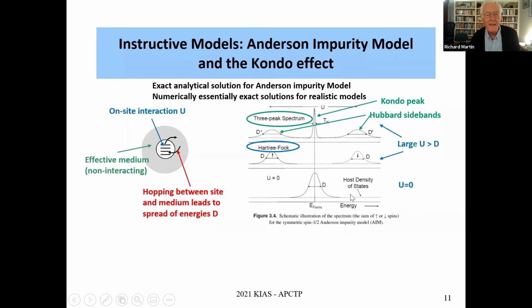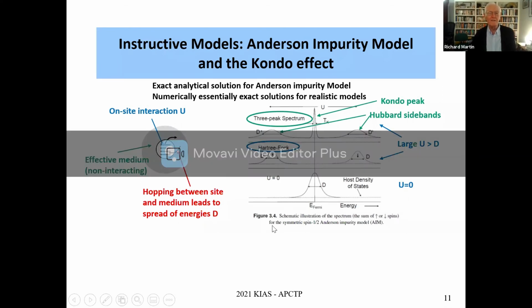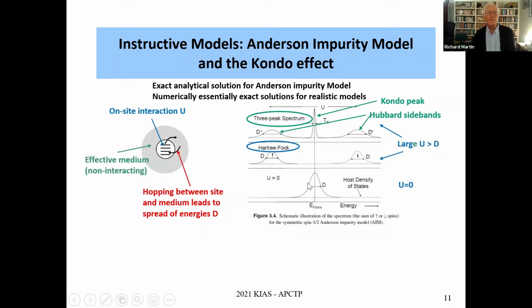There's another way of saying it that's basically one of these continuity arguments that I'll use a little later. The Friedel sum rule says that the scattering probabilities for an impurity in a metal depend only on the amount of charge that's collected.